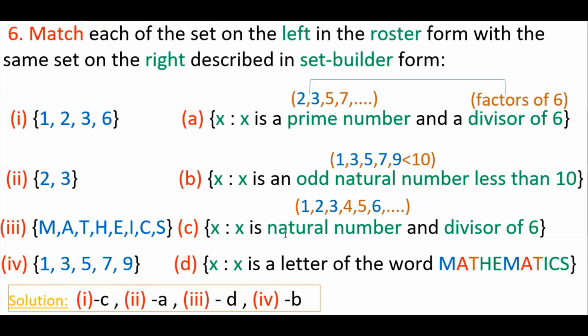Natural numbers are 1, 2, 3, 4, 5, 6, but a divisor of 6. Out of these, factors of 6 are 1, 2, 3, 6. So this is the first one, 1 and C. Last one is x is a letter of the word MATHEMATICS. These letters should not repeat: M, A, T and so on. So that is this one, 3 and D. So this is the solution of the sixth problem.